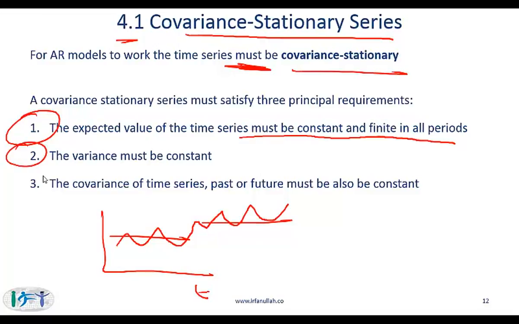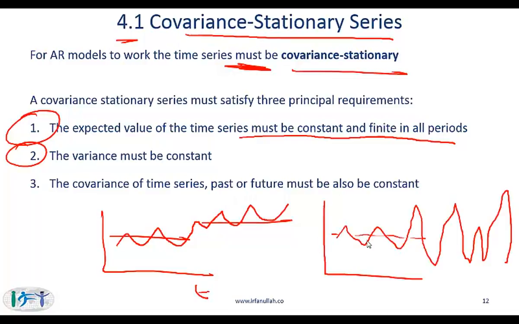The second is that the variance must be constant. If you have a situation where the mean is not changing, but the variance is changing, then this is also not stationary. And then finally, the tougher one, and one I'd say you just remember, is that the covariance of the time series, past or future, must be constant. So if you look at the covariance between terms, that should also be stationary.